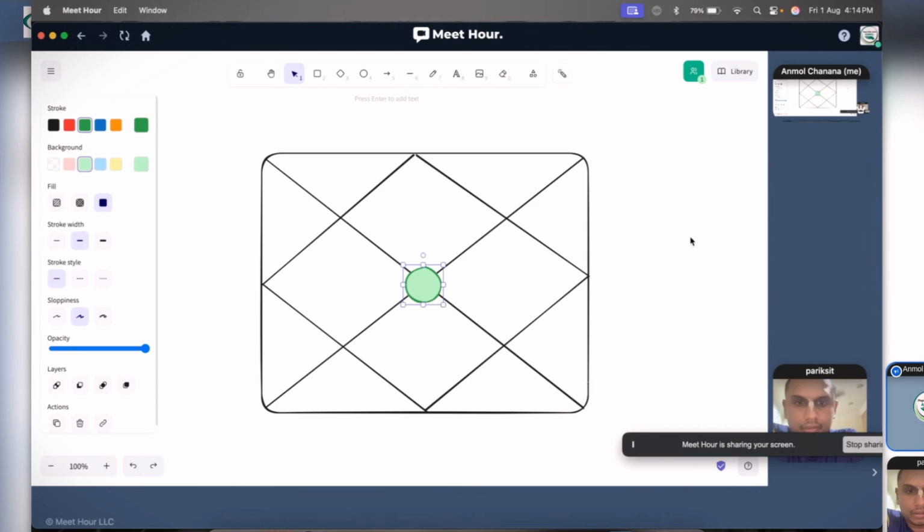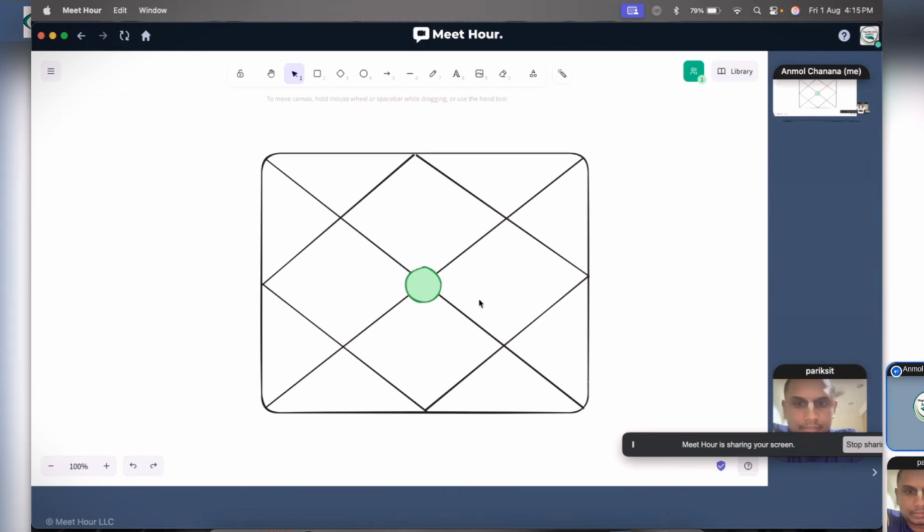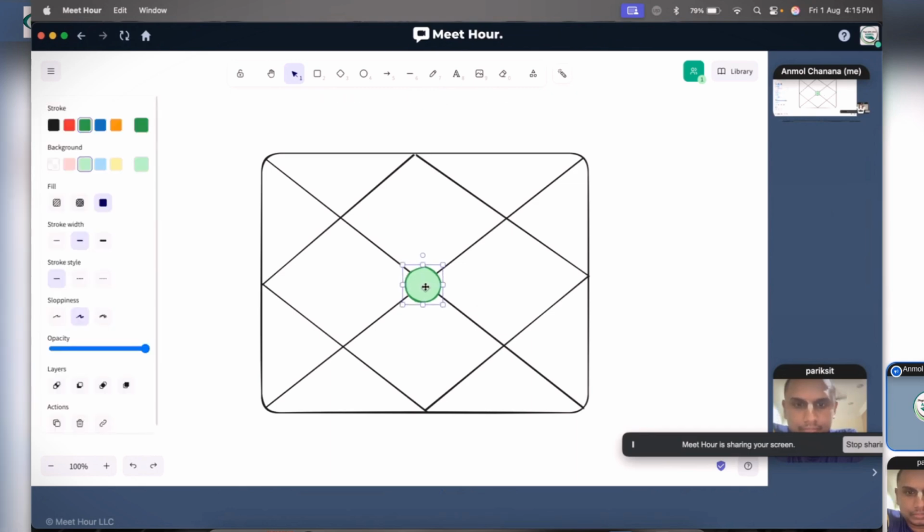So this is your Earth. Whenever a person is born, basically you are on this planet. This would be your central point.